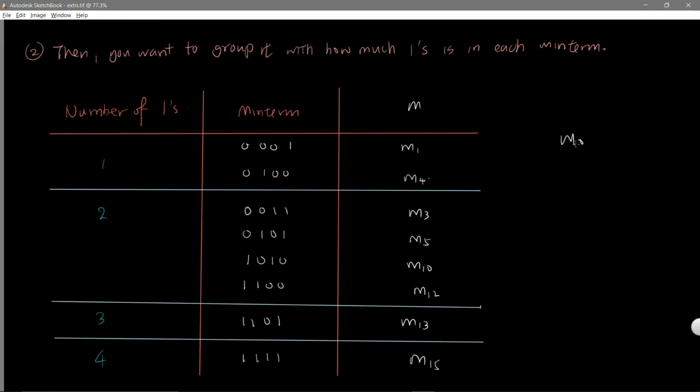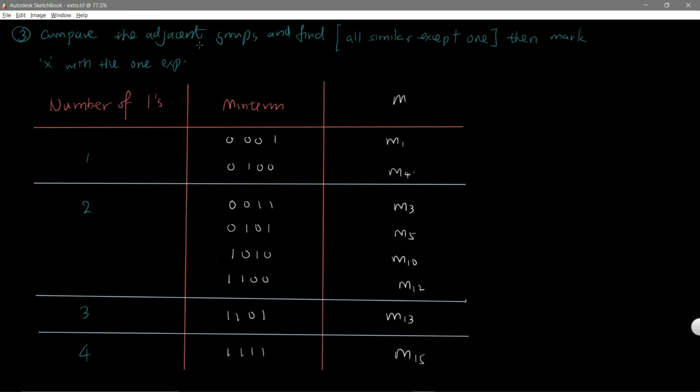If M0 is in the given expression, there will be another category where the number of ones is 0, and the only expression with 0 ones is 0, 0, 0, 0. Alright? Okay.